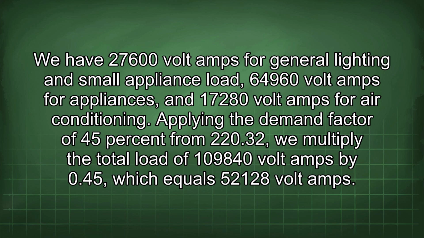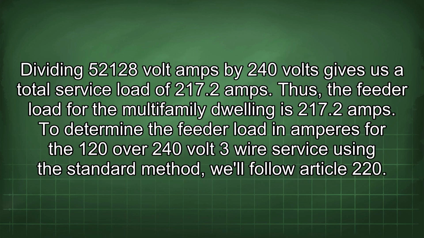Applying the demand factor of 45% from 220.32, we multiply the total load of 109,840 volt amps by 0.45, which equals 52,128 volt amps. Dividing 52,128 volt amps by 240 volts gives us a total service load of 217.2 amps. Thus, the feeder load for the multifamily dwelling is 217.2 amps.